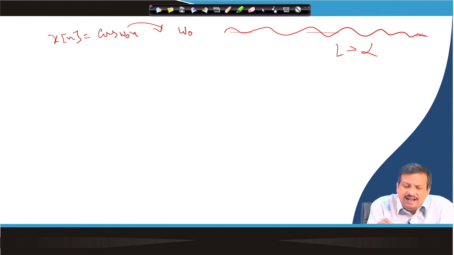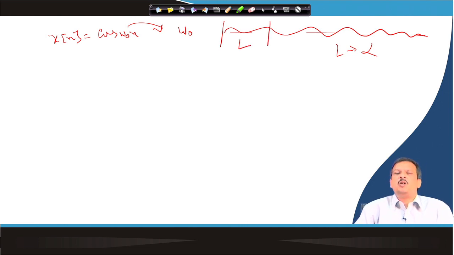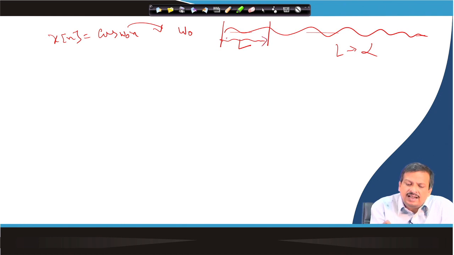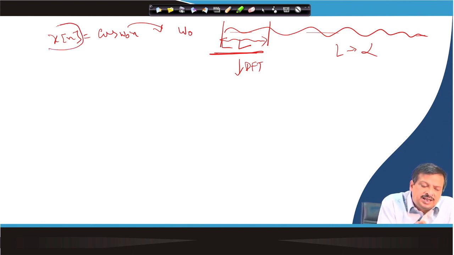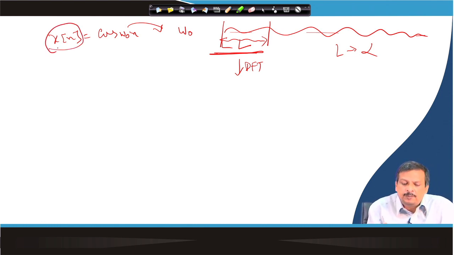So, let us say I select some L number of samples of this long signal and I do the discrete Fourier transform. If the long signal is represented by x of n, the DFT should be X of k, but it is not. Why not?